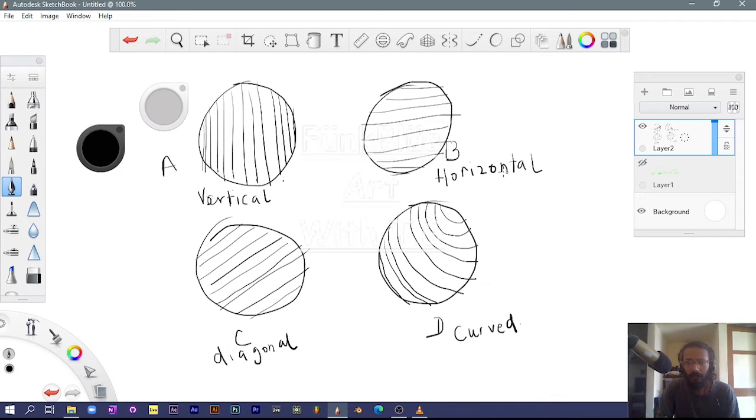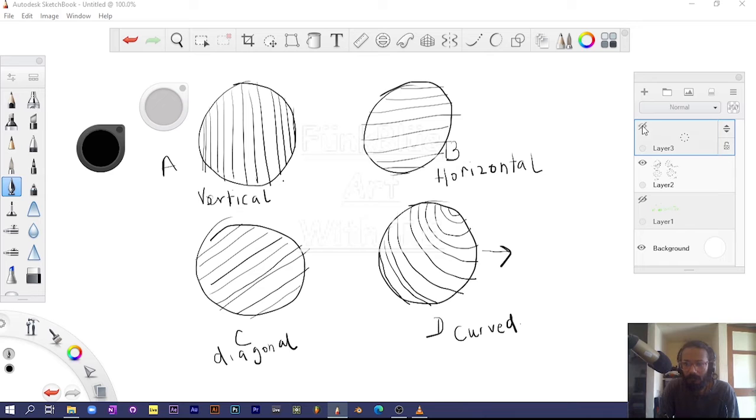If I ask you which is the best line that gives us an idea about the surface, I would say this gives us a better idea about the surface being curved. It gives an idea of that circle being spherical, right? It gives a lot more volume. And okay, let's go to another exercise.